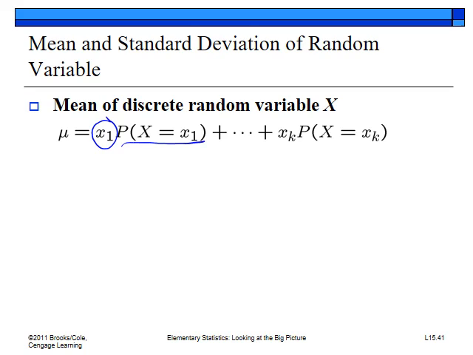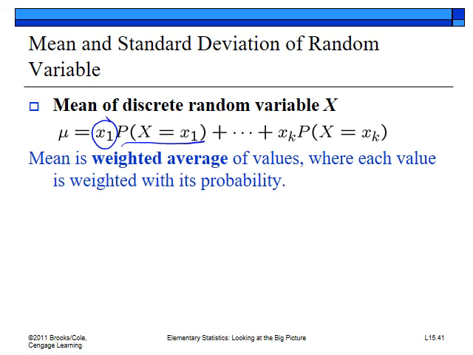Then we take the second value for big X, x2, multiply that by the probability that x equals x2, and so forth until we've covered them all. We call this a weighted average of the values. So instead of adding them up and dividing by the total number that we have, we take each one and multiply it by the probability of getting each one.